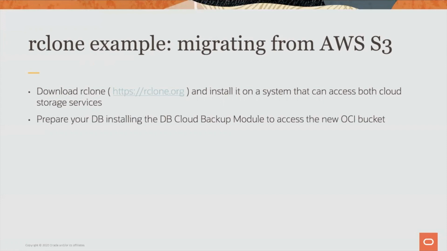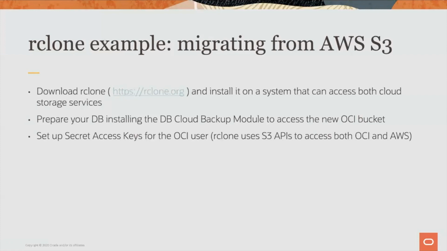So you download rclone, you download the database backup cloud module from OTN, you install it on your database server that I assume currently is being backed up to AWS. And so you install it and you configure it pointing to the new OCI bucket.